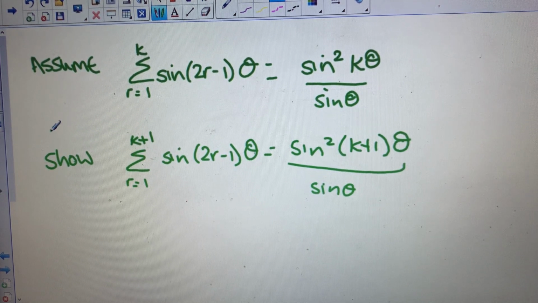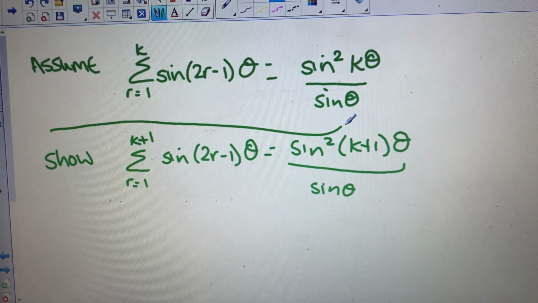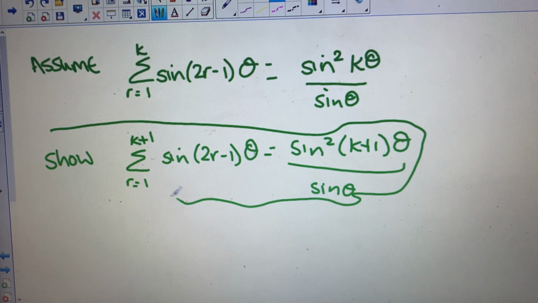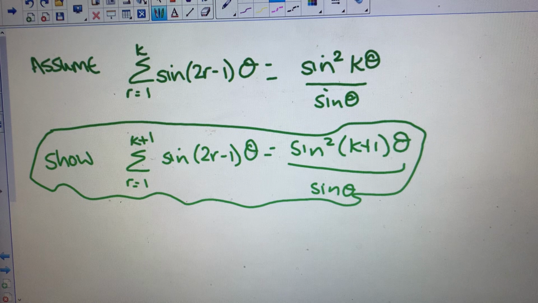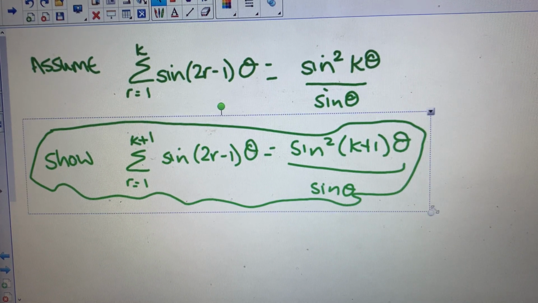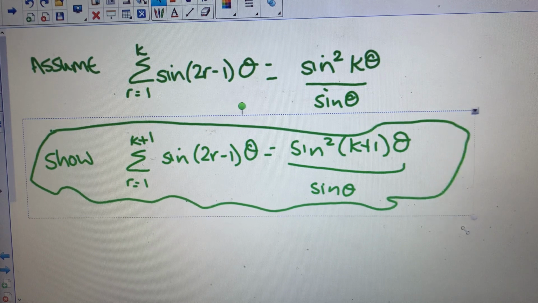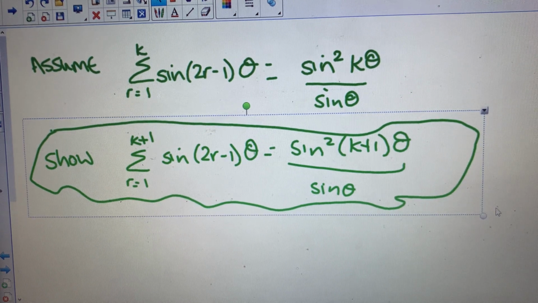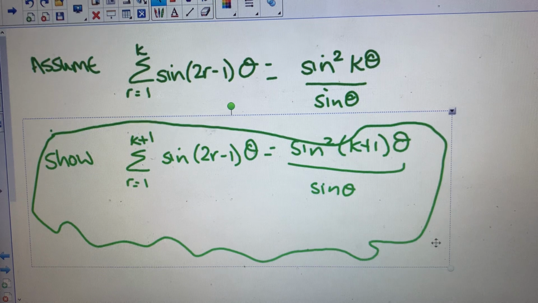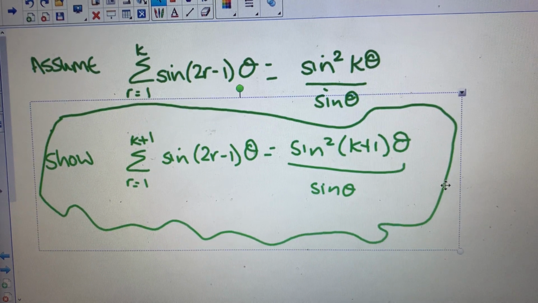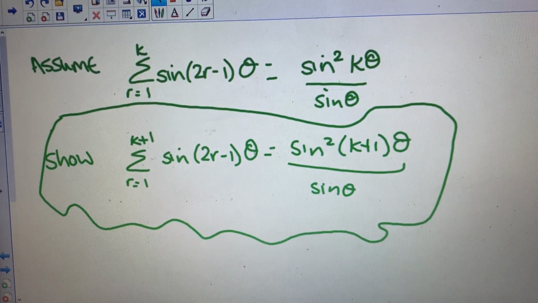So it's going to involve a lot of maths. That's not been my best circling of the thing that I need to show. That's what I need to show, and it's going to be a little bit of work, okay?